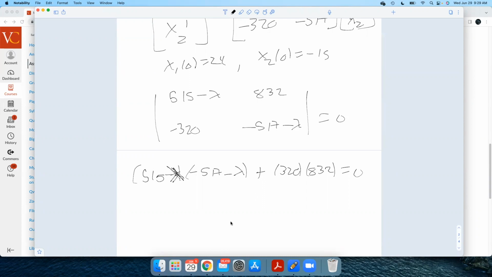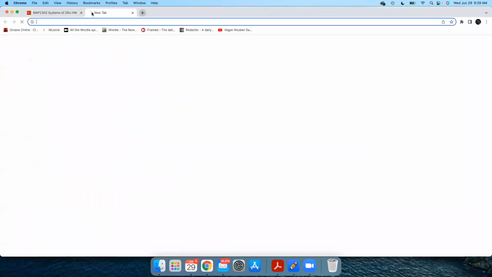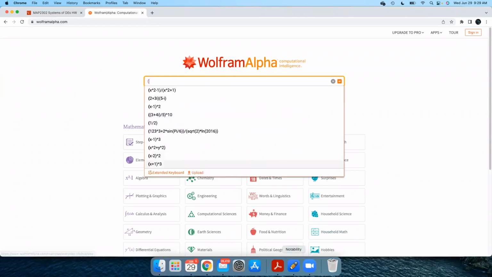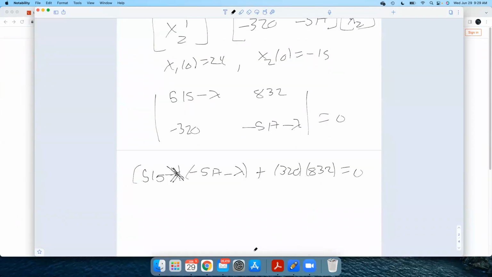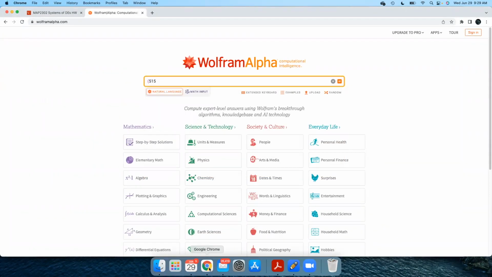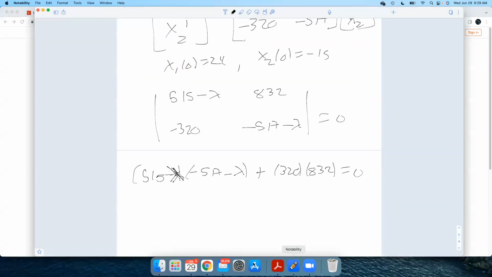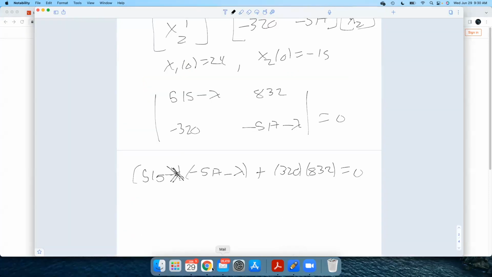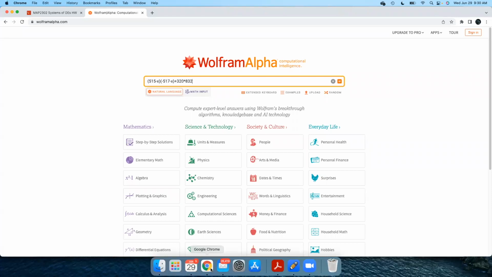I would now just take this and go to Wolfram Alpha and just type it in: 515 minus, and I'm going to call it x for the purposes of typing this out because Wolfram Alpha will be happier with that. Negative 517 minus x plus 320 times 832 equals 0.